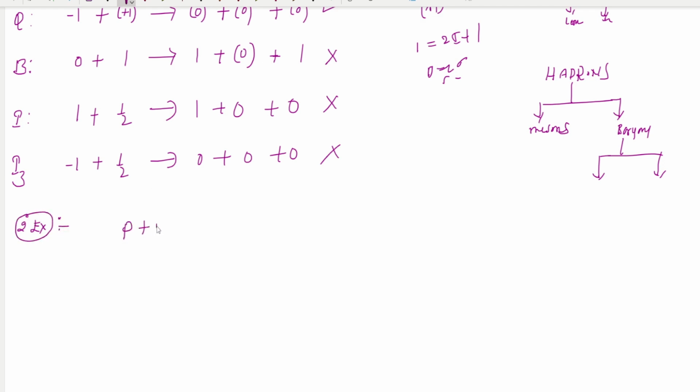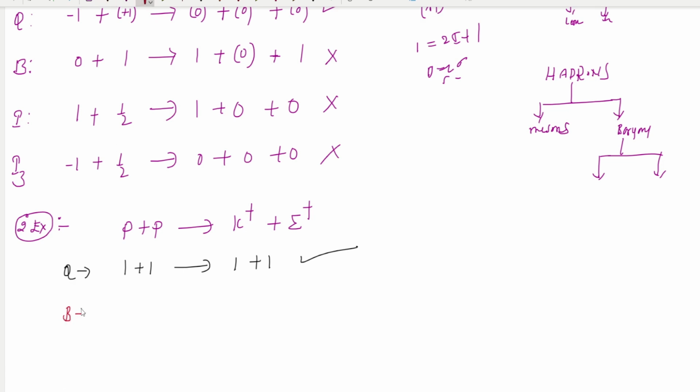P plus P tends to K plus and sigma plus. Here we need to check charge, baryon number and isospin. First, charge: 1 plus 1 tends to 1 plus 1, so it follows conservation of charge.